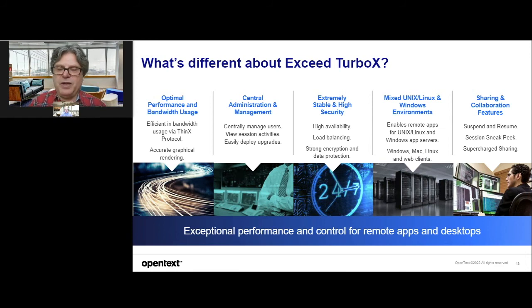We do have high stability. This product, Exceed TurboX, is available since many years, and Hummingbird, like Gupta, has a lot, or the Exceed products like Gupta have a more than 20-year history in providing remote access. So they are very stable. You get load balancing and high availability, if you like.